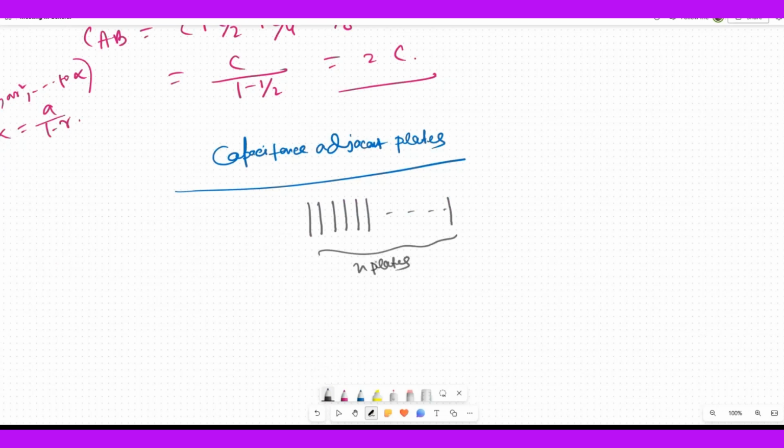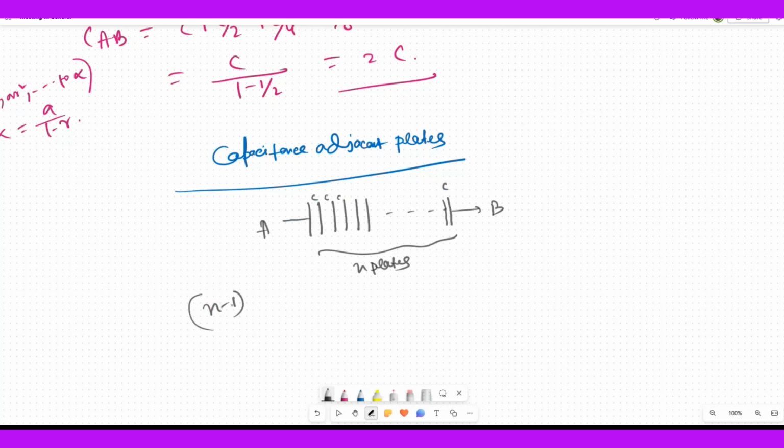How to find the equivalent capacitance between these 2 points, A and B? Whatever you take, they will be in series combination, isn't it? And how many capacitors will be formed? The plates 1 and 2, one capacitor of capacitance C, say, and the last one is also C. How many will be there? N minus 1 capacitors will be formed.